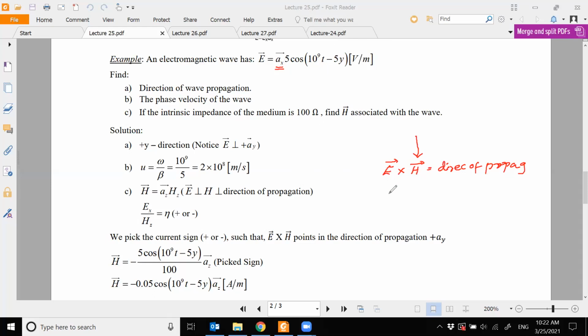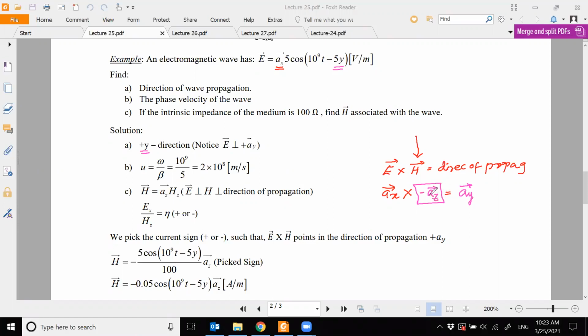E is ax, so ax cross, we need to find this one. What is the direction of propagation? Just now we have seen it's a positive y direction, right? So it is pointing in ay direction. Now, can you find what this should be? Negative az.